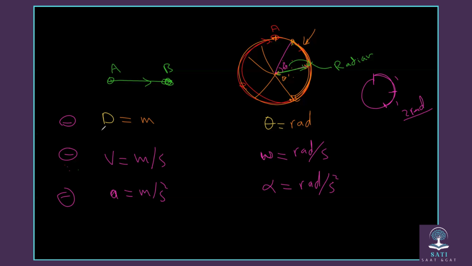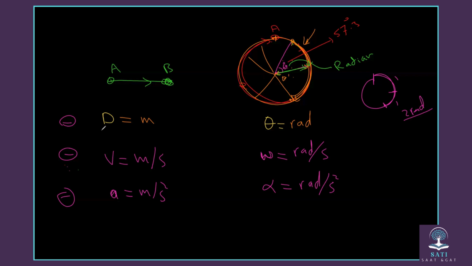So 1 radian means an angle whose arc is the same as its radius. That means this angle equals 57.3 degrees, which is less than 60 degrees.